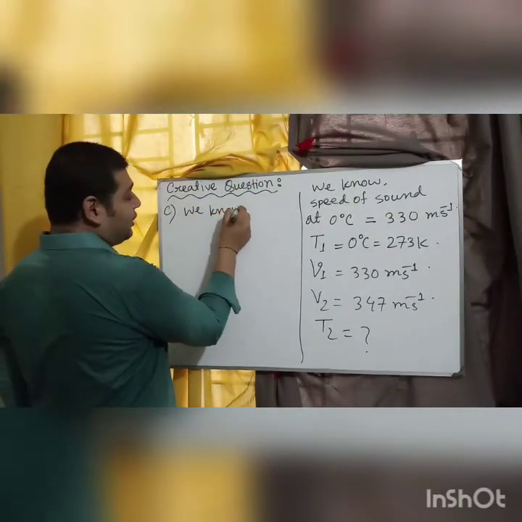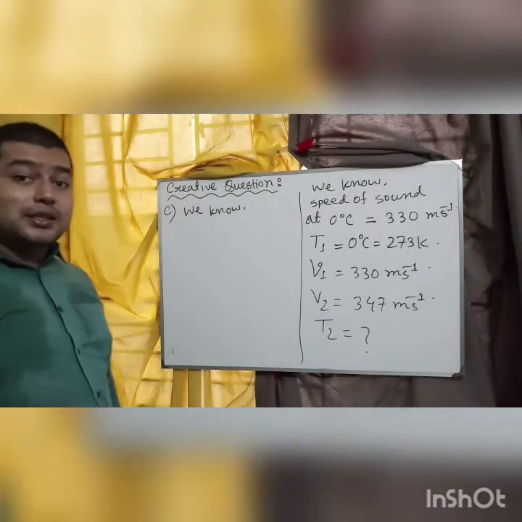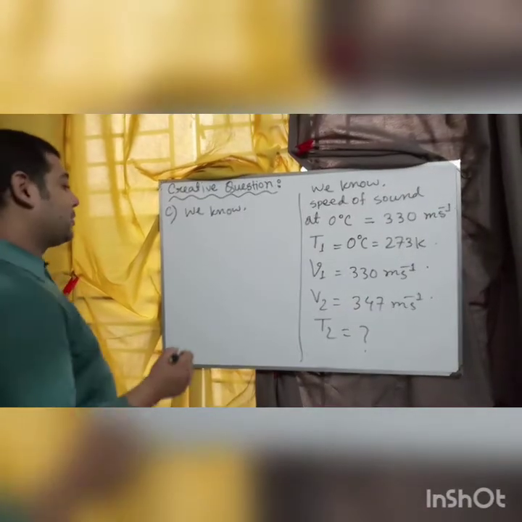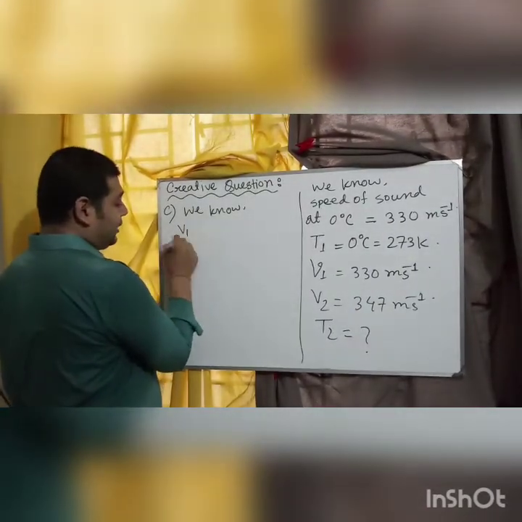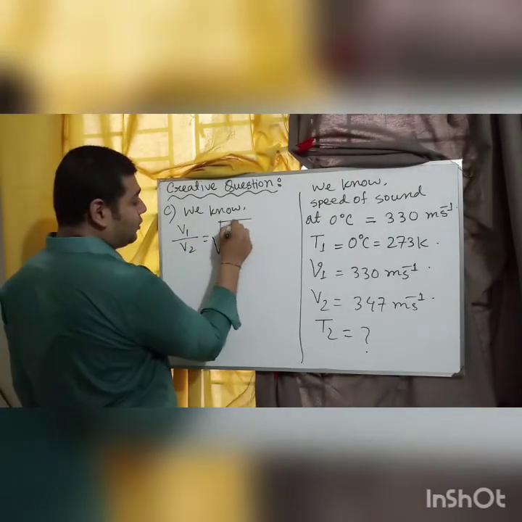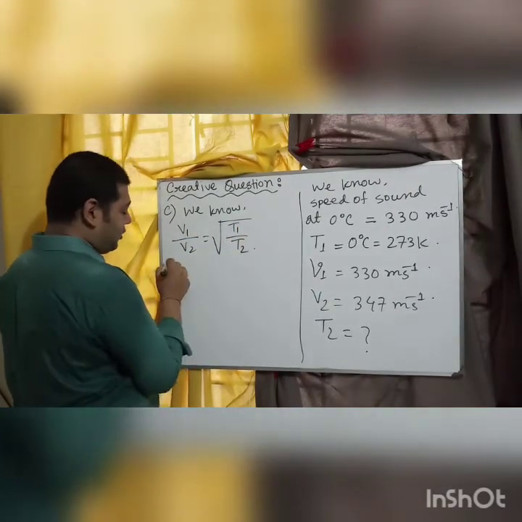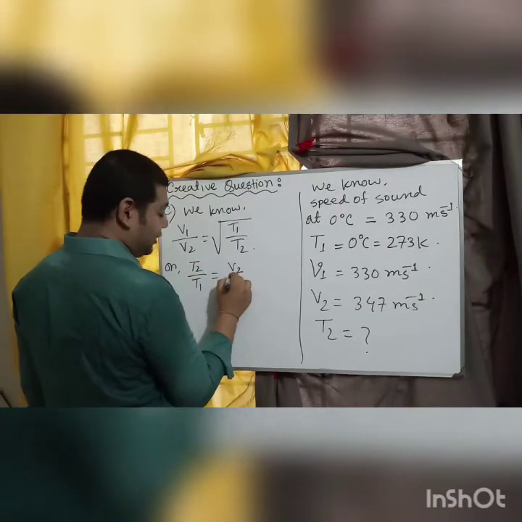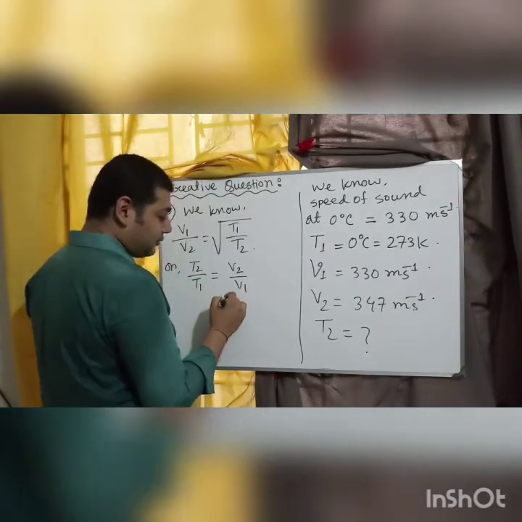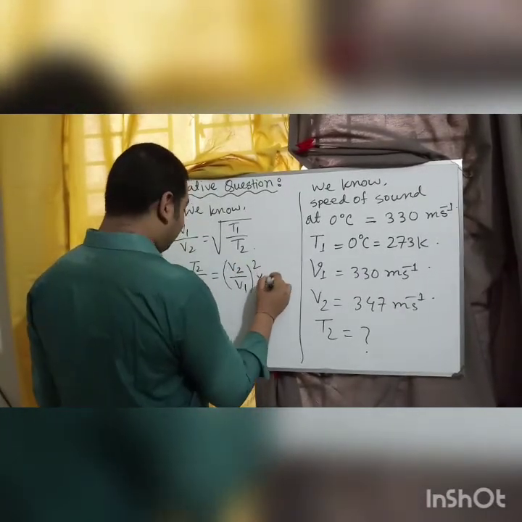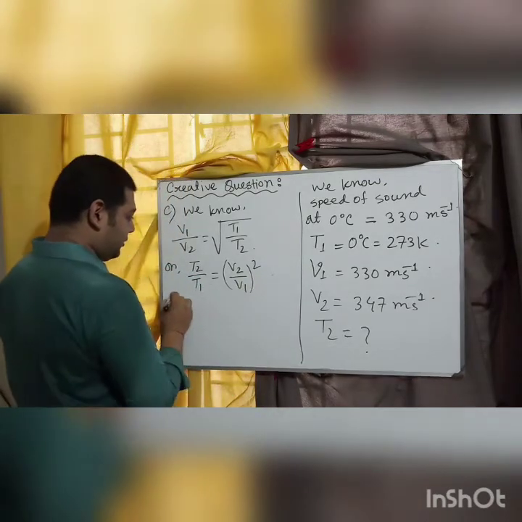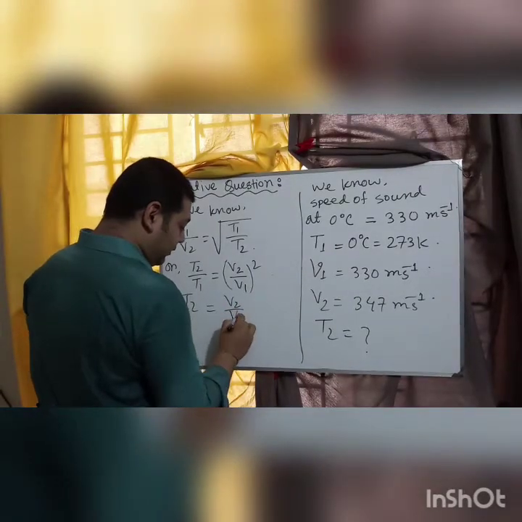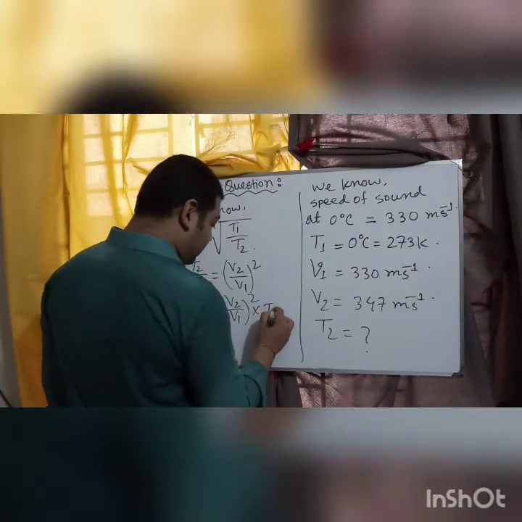We know the relation between velocity and temperature is V is proportional to square root of temperature. So we can write V1 by V2 equal to root of T1 by T2, or T2 by T1 equal to V2 by V1 whole square. Okay, then T2 equal to V2 by V1 whole square into T1.